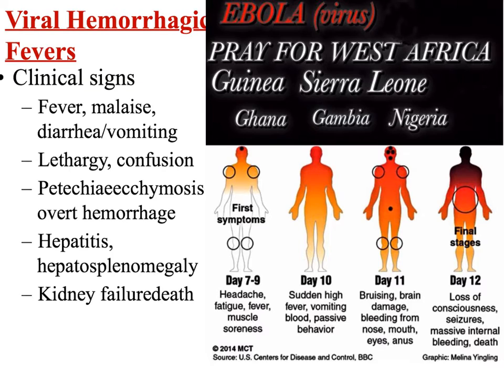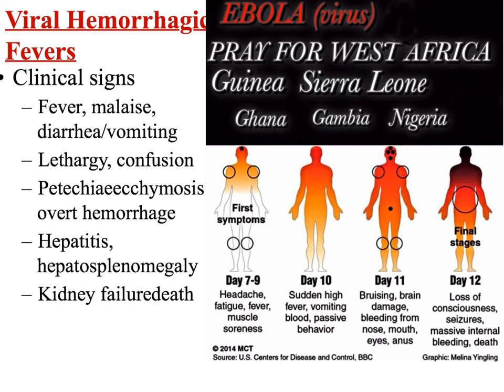So this is the absolute worst version of hemorrhagic fever that's depicted here, and again, this was based on Ebola, but some of these processes are fairly consistent throughout. It's just the degree to which they happen differs from virus to virus.